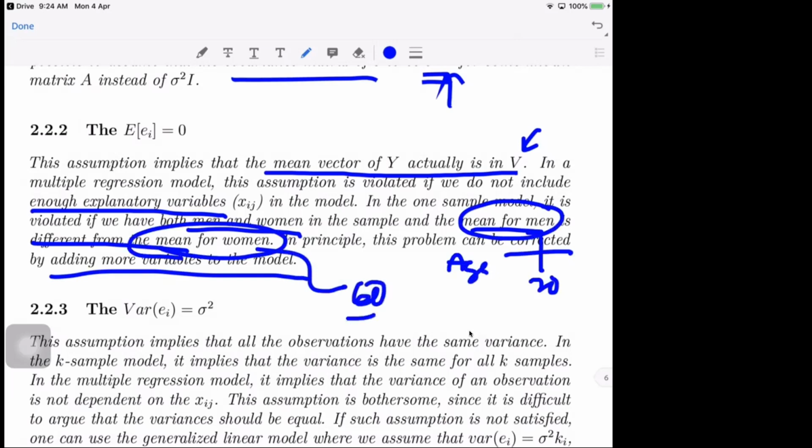So ibig sabihin, you are dealing with different age groups, and this assumption that the expectation of Ei equals zero will most likely be violated because in the first place, there is a problem on your mean age for the two groups. Ibig sabihin, kini mga batanon, kini mga of the older age group na. So ages vary. So there is variability that can contribute with respect to age.